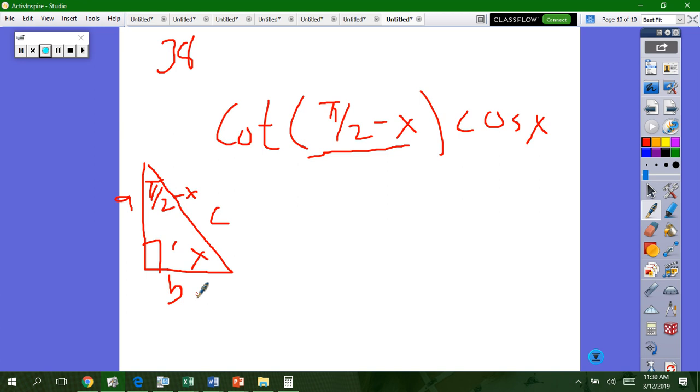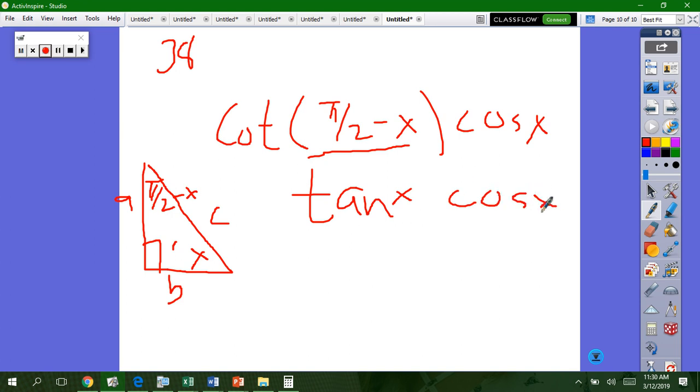Is it on there, McKay? And it equals tangent. But how did I find it? I drew a triangle, understanding that the cotangent of this angle equals the tangent of this angle.